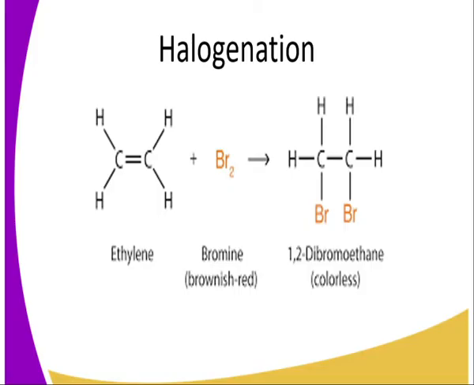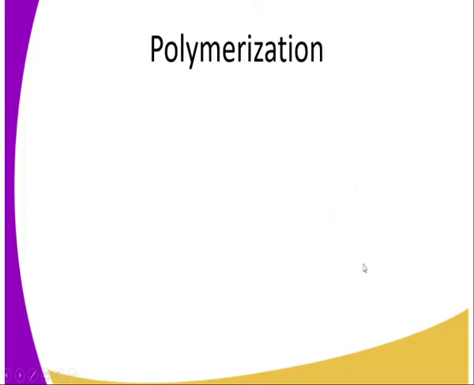Members of the halogens may include fluorine, chlorine, bromine, iodine, etc. So unsaturated alkene, for instance ethene, may react with bromine, which exists as a diatomic molecule, where the double bond is broken and it is replaced by a single atom of bromine on each carbon, giving us a compound which is 1,2-dibromoethane, which is a colorless gas.